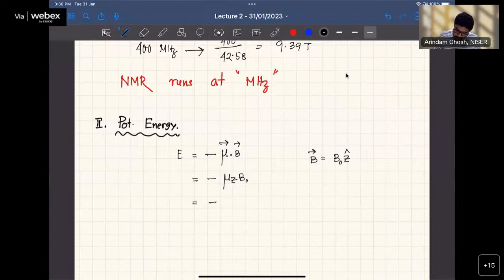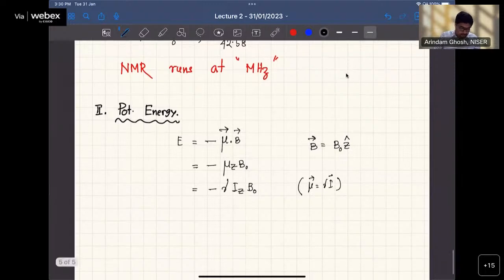And I now know that mu z is going to be gamma times Iz, the z component of angular momentum, because mu is gamma times I. And now we know that Iz is given by m h cross, for different values of m. So this energy is going to be minus gamma m h cross B0.